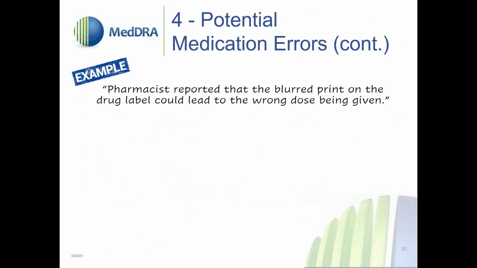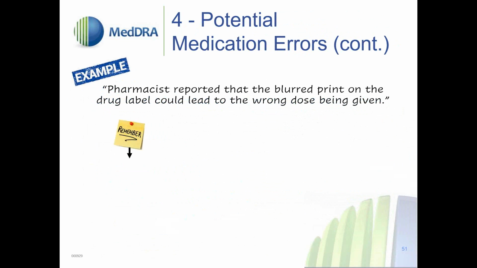Here again an example for this principle. A pharmacist reported that the blurred print on the drug label could lead to a wrong dose being given. No medication error occurred yet, but the pharmacist saw a circumstance, the blurred print on the label, that could lead to errors in the future.